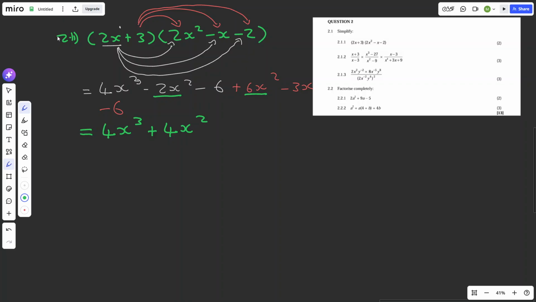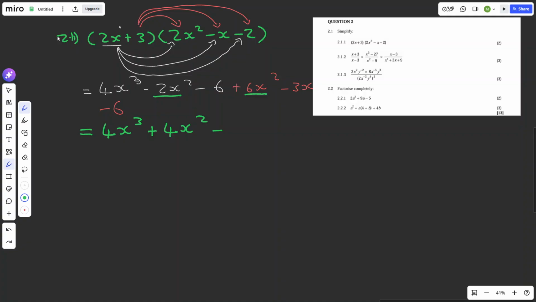Next one, it's going to be 3x. There's no other term like it. So we're going to leave it as it is. Let us quickly check again. We've got 4x squared, and then we've got minus 2x squared, then minus 4x.